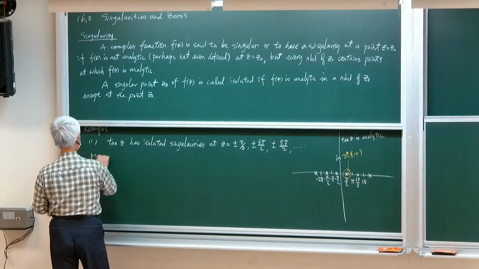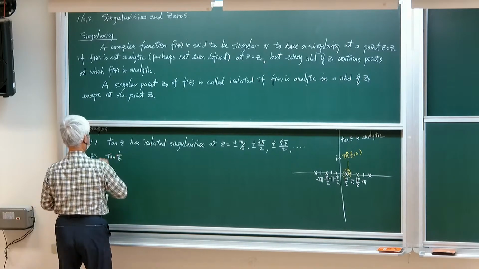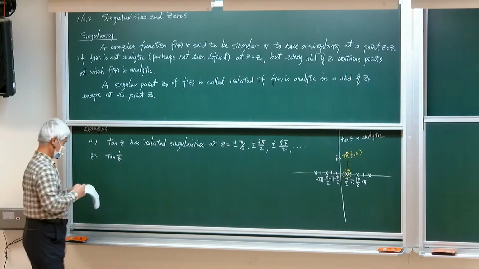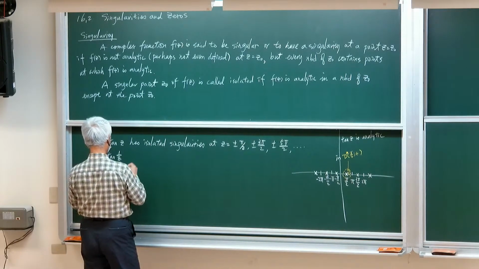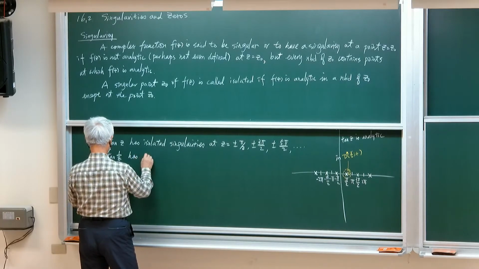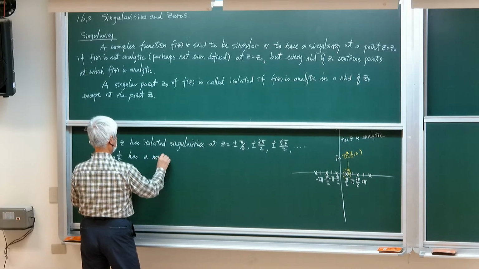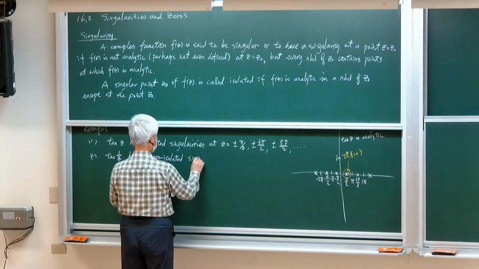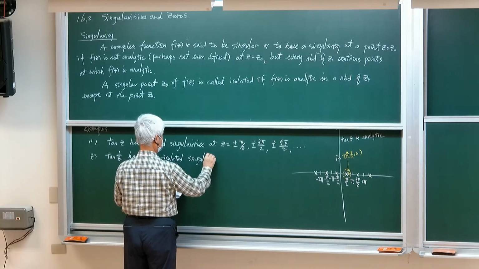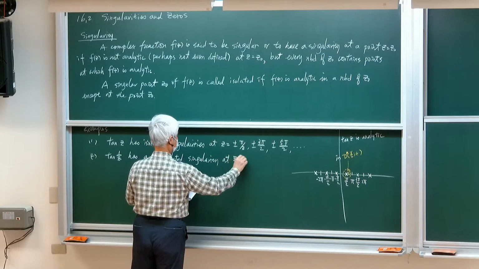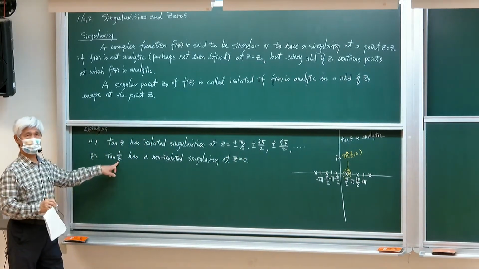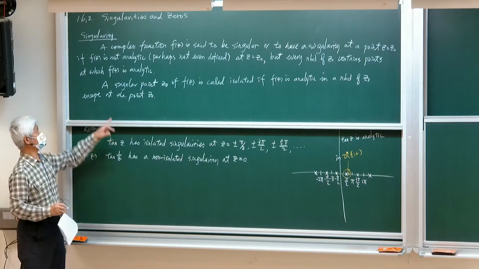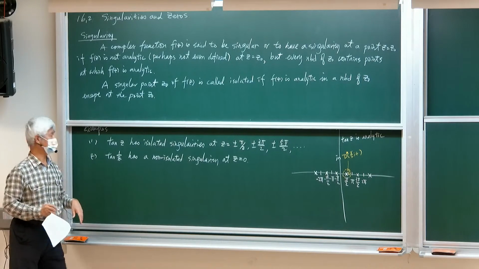But if we consider the complex function tangent of 1 over z, then this function has a non-isolated singularity at z equal to 0. First of all, you can see this function is not defined at z equal to 0, of course.